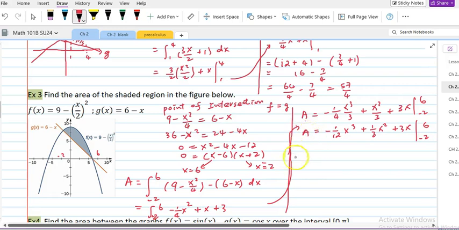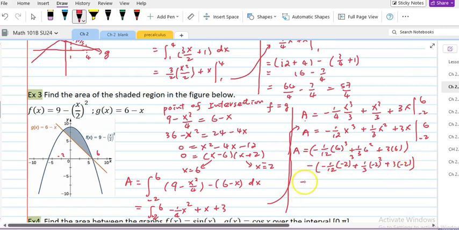So that's equal to A. Let's plug in 6 first. So negative 1/12, 6 cubed plus 1/2, 6 squared plus 3 times 6. So this whole thing minus negative 1/12, negative 2 cubed plus 1/2, negative 2 squared plus 3 times negative 2.